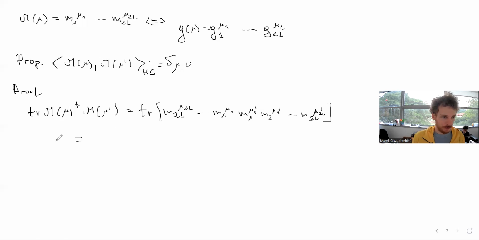Okay, so this is great because we know how to compute the trace. We just don't go into the details of how we can split it. But once we go into blocks, we have Mk mu k plus mu k prime, and then the trace of that.